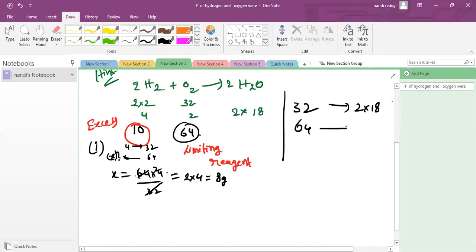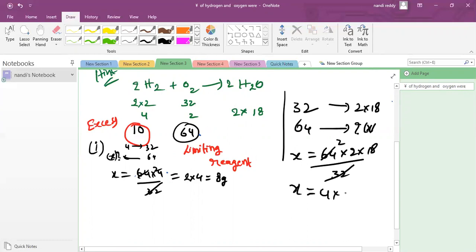Then 64 gives how much? X equals 64 into 2 into 18 by 32. We can cancel this and get X equals 4 into 18 grams. This is your answer.